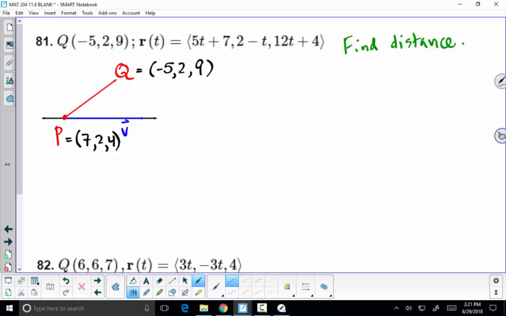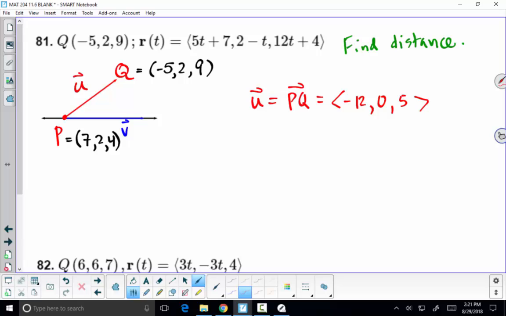Okay, so if we do that, then we're going to form our vector u. Vector u is going to be PQ, from P to Q, so we do Q minus P. That's -1, 2, 0, 5. That'll be our vector u.